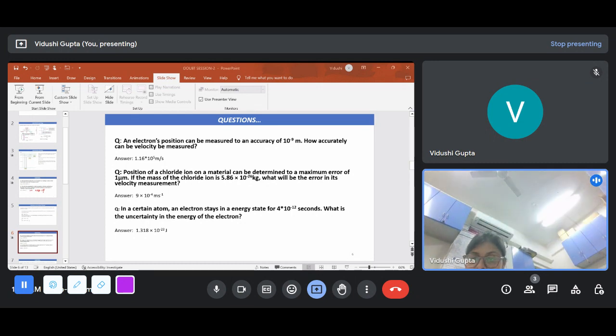So here the commutator of the x operator, comma px, will be equal to... so substitute the value of px here.